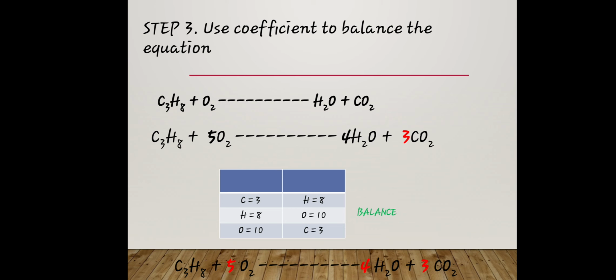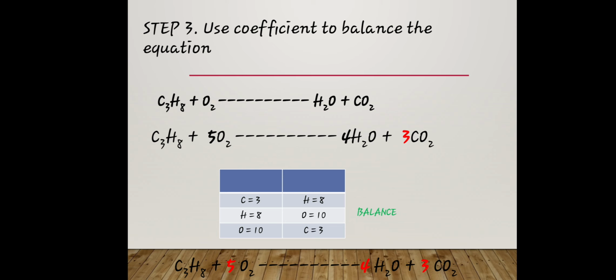So, how can we make the reactant 10? It's very easy. You have to find a number that can multiply by 2 and has a result of 10. What number is that? It is 5. So, literally, the equation now is balanced. That's all, okay? If you put a coefficient in the first element, it also affects the second element.